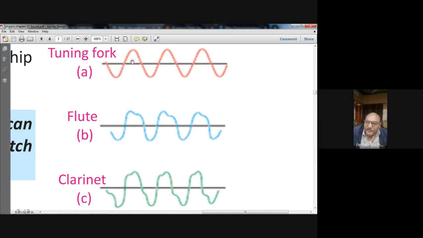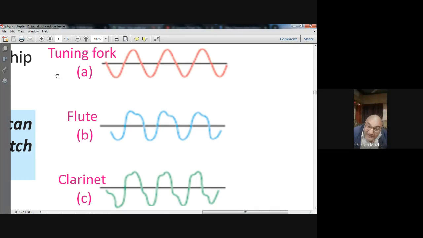It has this much amplitude, this has this much, it has this much. So the amplitude is also the same in these waveforms. The three different sounds have the same time period, the same frequency, the same pitch. They have the same amplitude, which means they have the same loudness.